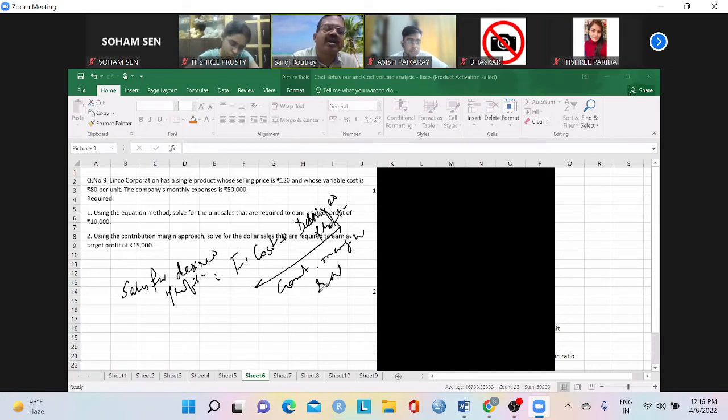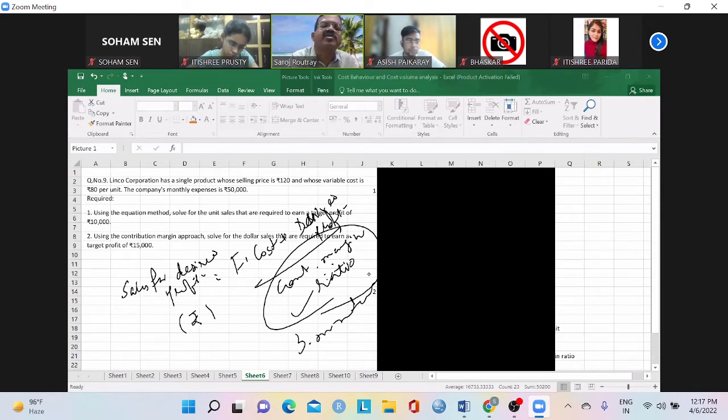You can write contribution margin per unit. Per unit, it will give you units. But if you want to have it in rupees, then you can write contribution margin ratio. And this is contribution divided by sales. So I'm giving 3 minutes to solve both the questions, and then we'll have discussion. Send me through chat. First point, second point. First point you answer first, then you answer the second point.